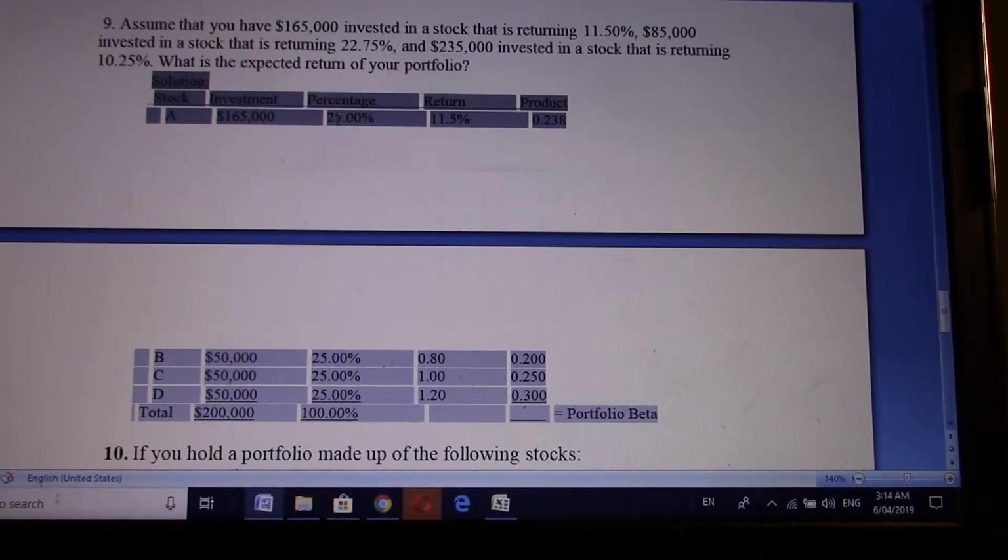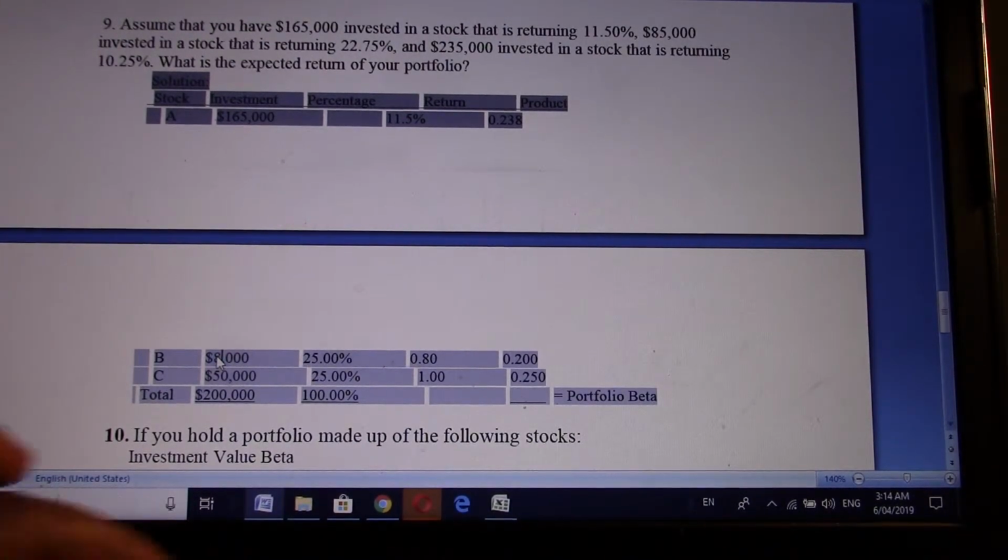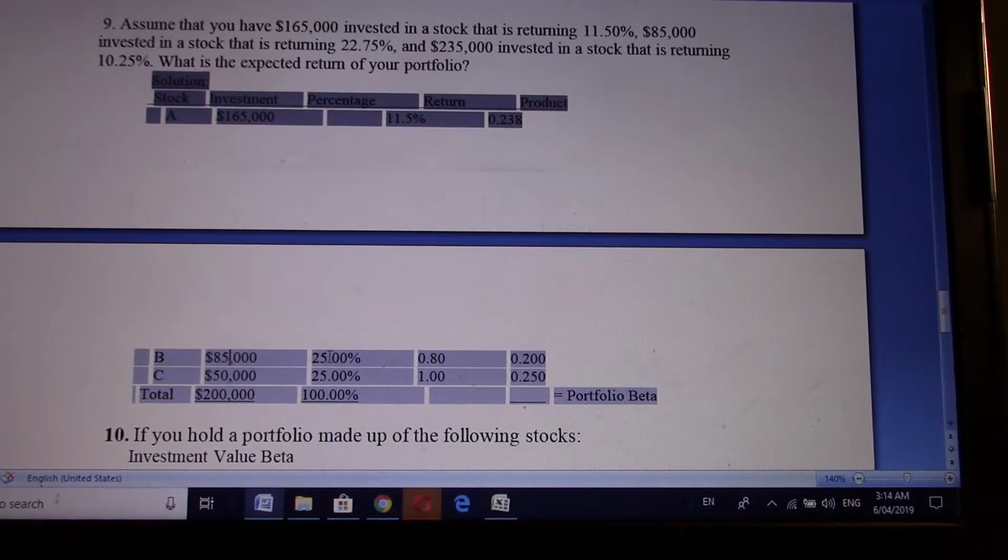11.5%. So what you can do is try to figure out the percentage of each stock in your portfolio. So we have three stocks in this portfolio. 165,000 for stock B, and we don't know the percentage.